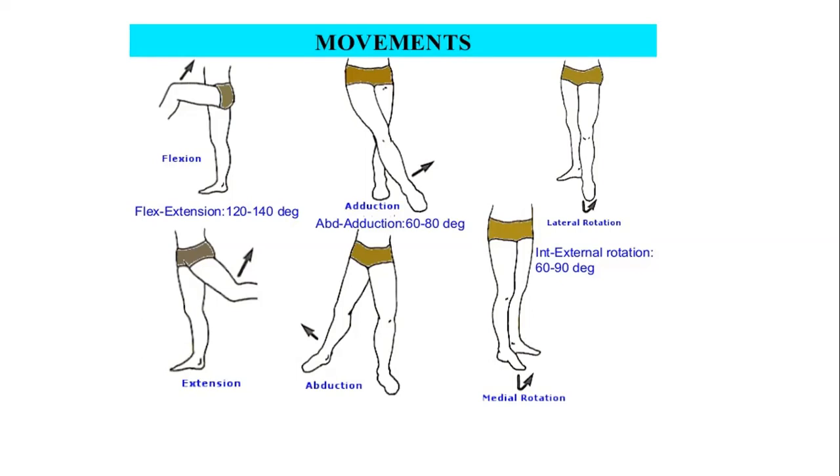Also takes place along the same axis, that is transverse axis, and is performed by the gluteus maximus and hamstrings. So in the initial stages, it is the hamstrings, and in the later stages of the extension at hip joint, it is the gluteus maximus performing these movements. Extension is limited by the iliofemoral ligament.